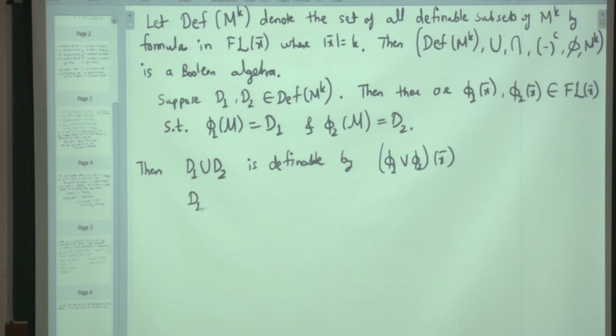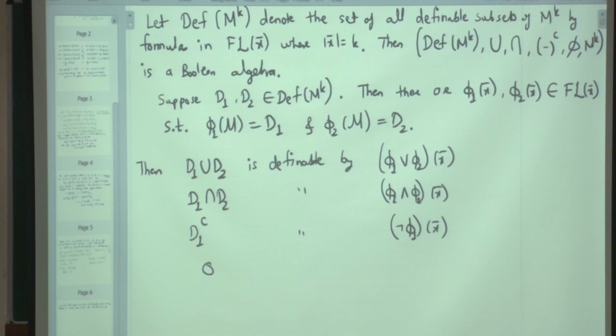D1 intersection D2 is definable by phi 1 conjunction phi 2. Then next, D1 complement is defined by negation phi 1 x bar.